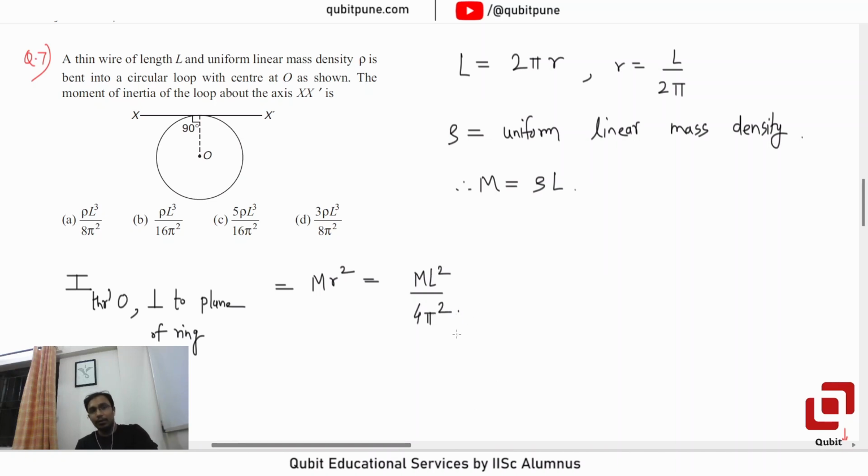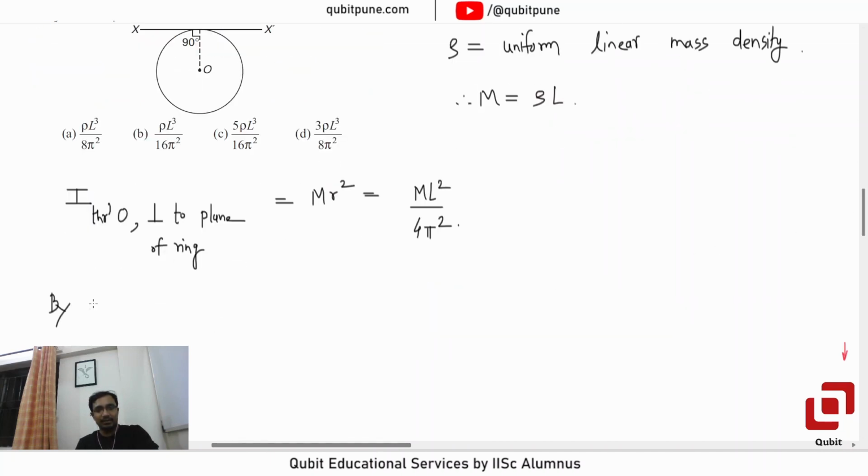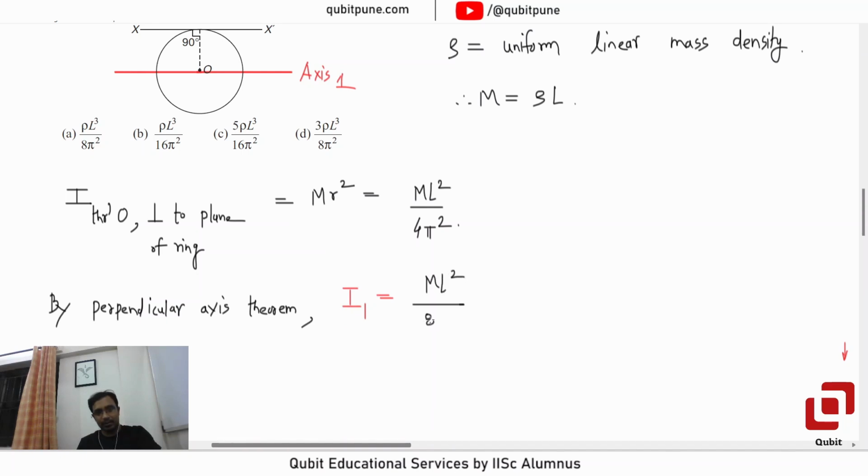Okay, now we don't want that, so we will say now by the perpendicular axis theorem. Now let me call it I1. I1 will be half of this. Now why half of this, you might ask?